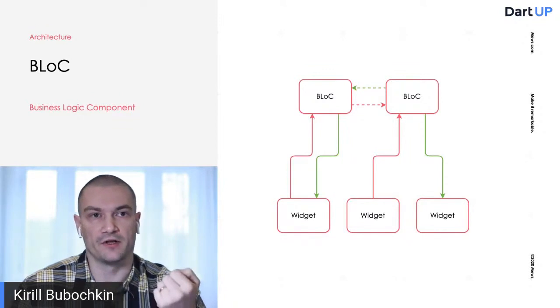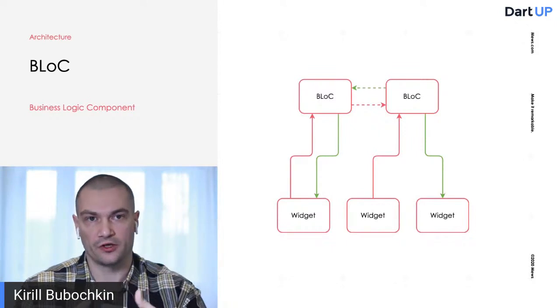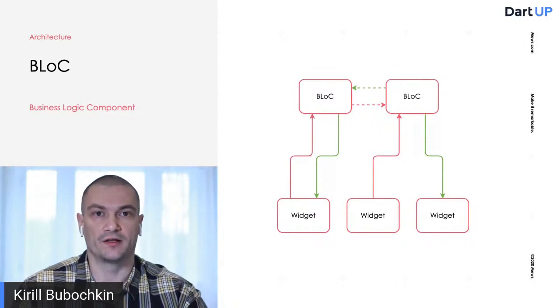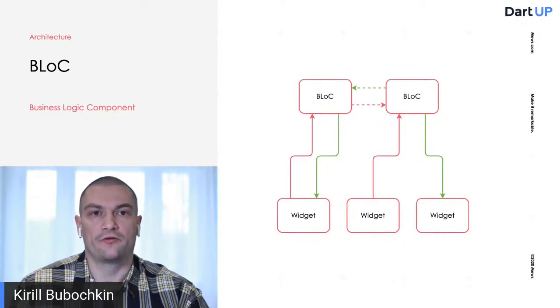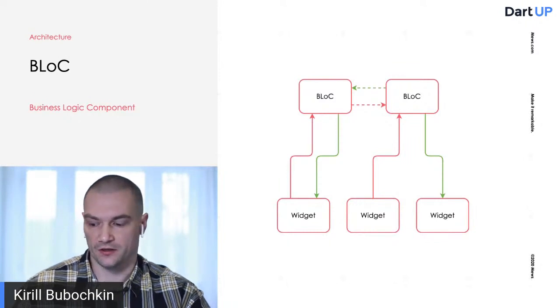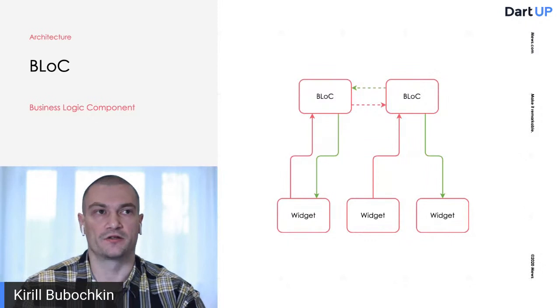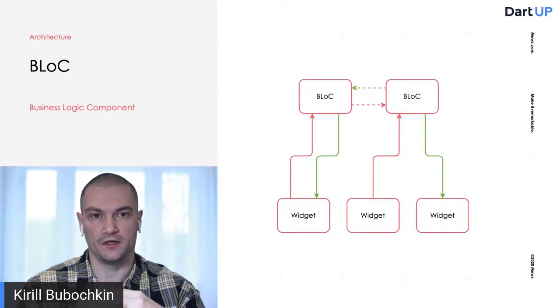And another difference, it's not related to the Flutter BLoC library itself, but to the BLoC pattern in common. I often see that developers are treating these blocks as view models and define the block state very close to the UI level.